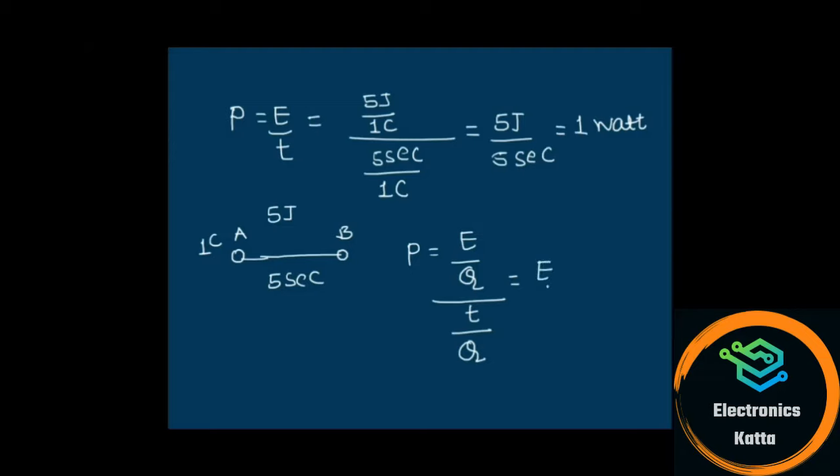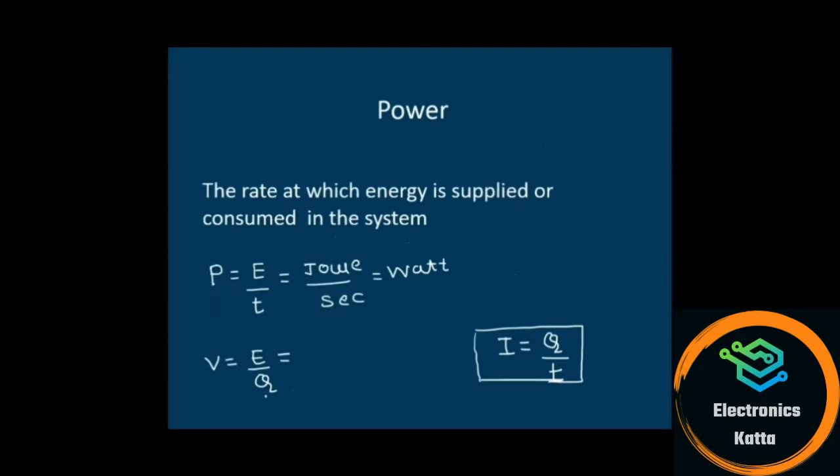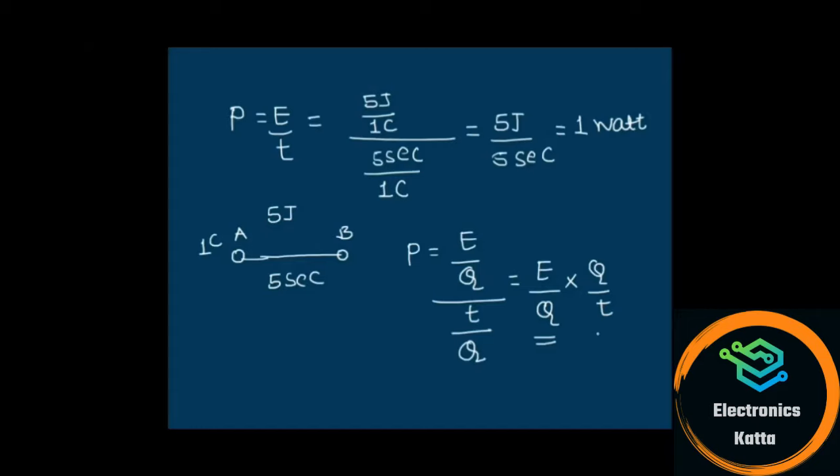So we can rewrite the terms as E by Q into Q by T. E by Q is nothing but voltage, as we have seen: voltage is the energy required to move a unit charge, and I, that is current, is the rate at which the charge is moving, that is Q by T. So we can write power as the product of V into I.